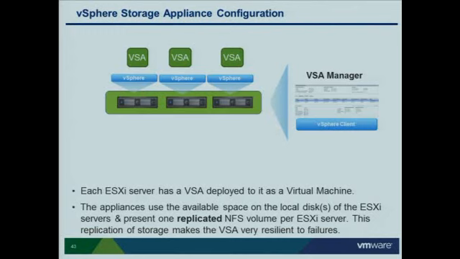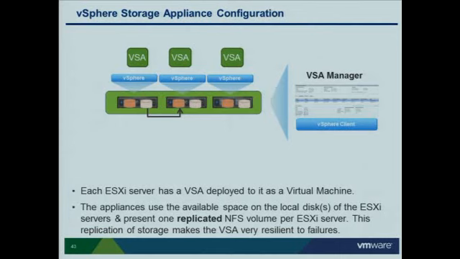Once these VSAs have all the local storage, to make it redundant and highly resilient, we divide the storage in 2. So we end up with a primary and a secondary. Then to make it highly resilient, we mirror these volumes across the different ESXi servers.